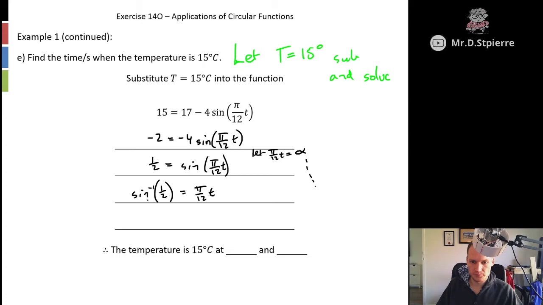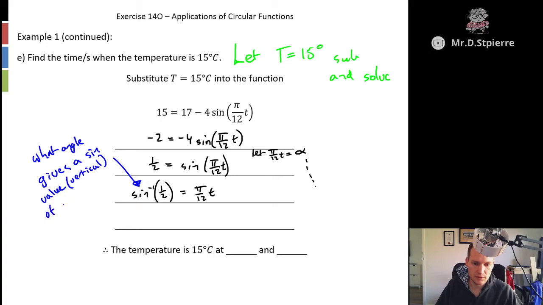Now, inverse sine of a half, what is that asking? What is this asking? Okay, that says what angle has a sine value of a half?